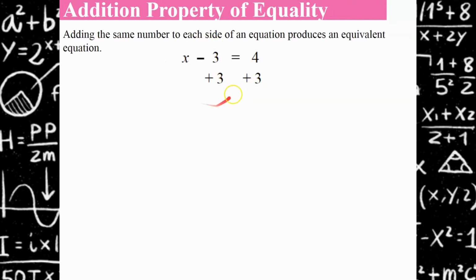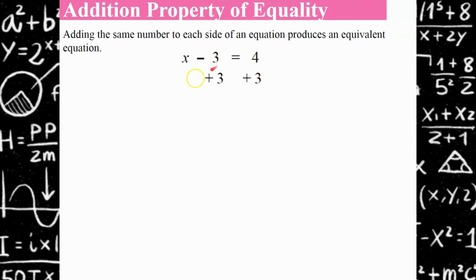I'm keeping the balance. So this equal sign says that this expression is equal to this expression. So think of it as a balance scale, and you want to keep the balance. So if I add 3 to this side of the equal sign, I must also add 3 to this side of the equal sign, also known in math as the addition property of equality.